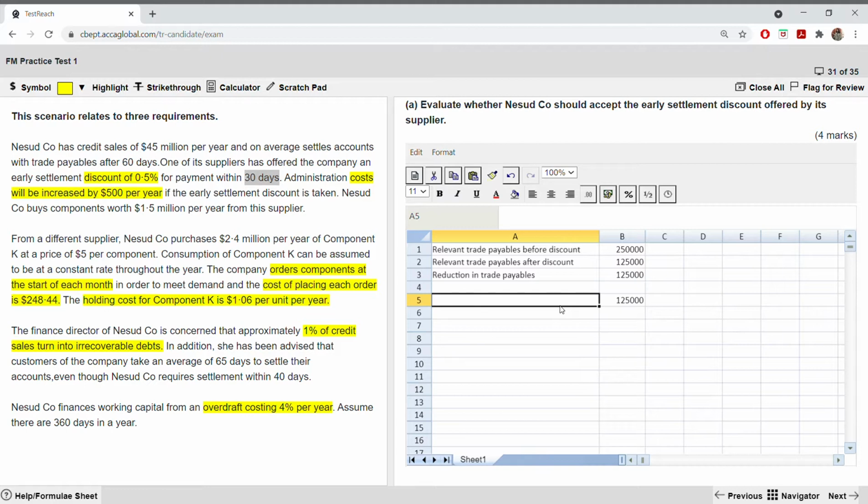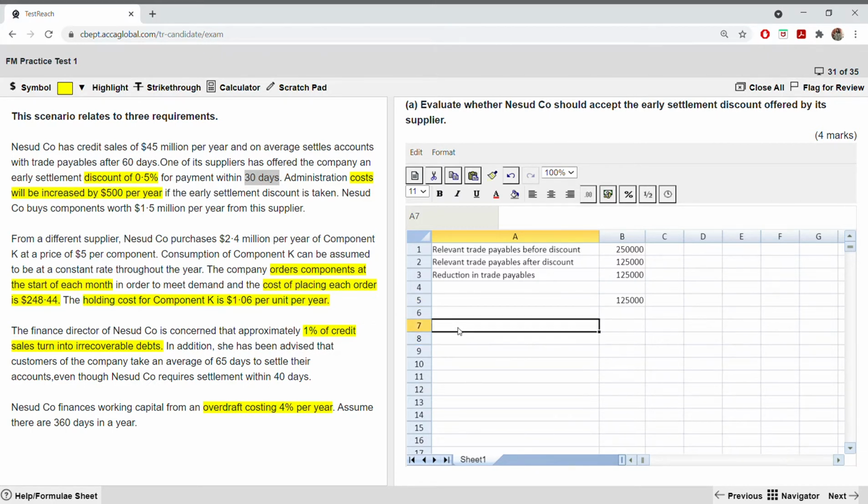So, what else? Now we have to take all the cost. Okay. The finance needed to reduce the trade payables will increase the overdraft. So what am I going to write?